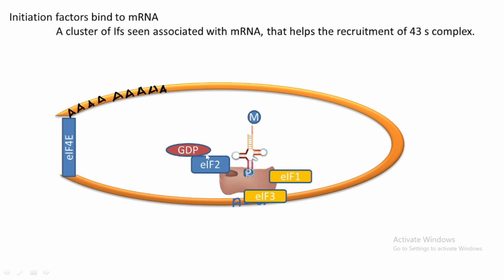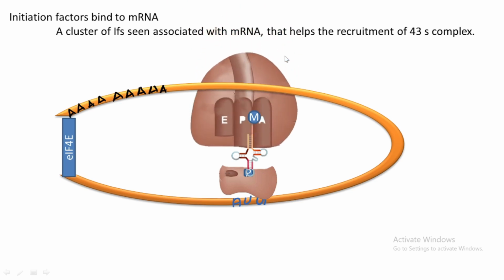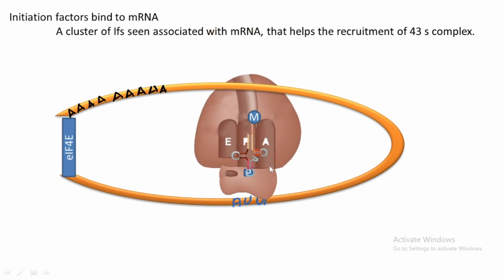As a result, all these initiation factors are released from the ribosome, the 48S complex. As they release, the large subunit comes and binds the small subunit and everything is well set. That is how initiation happens.